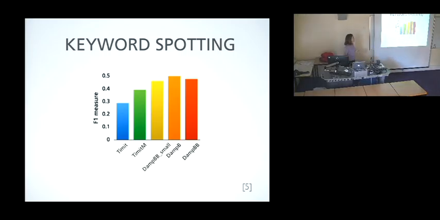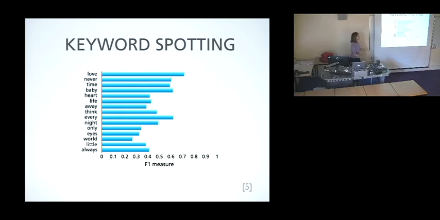The F1 measure at my current state of the art, my personal state of the art, is right now 0.5, which probably isn't usable yet for anything practical, but at least it's improved. And yes, I have an idea how to do keyword spotting in singing.